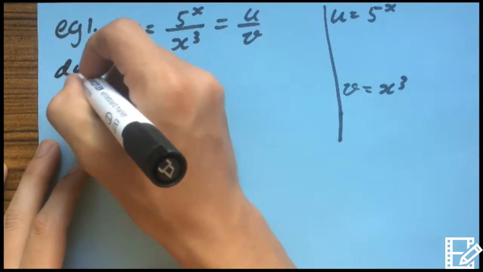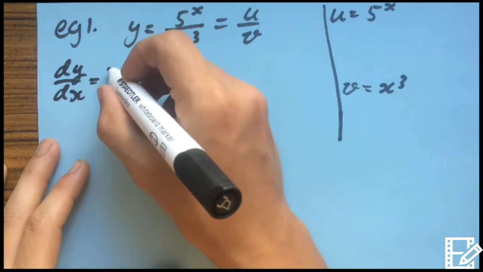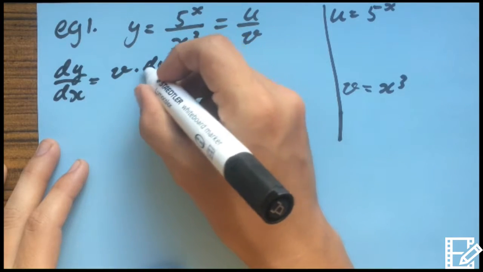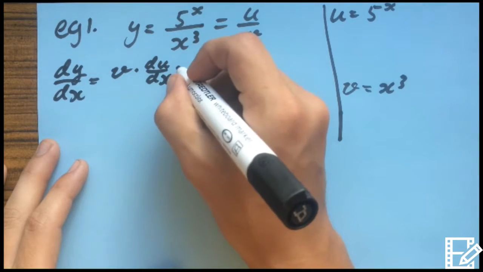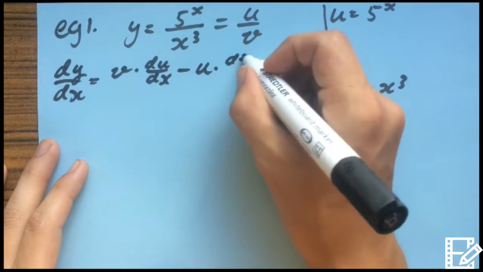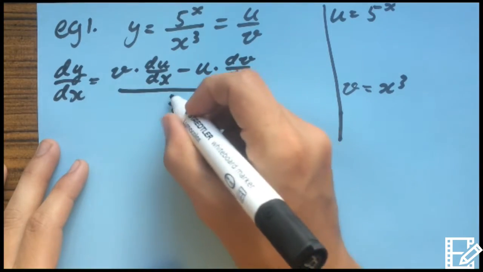Now we've done labeling them, let's write out the formula or the equation for the quotient rule. We have v multiplied by the derivative of u minus u multiplied by the derivative of v all over v squared.